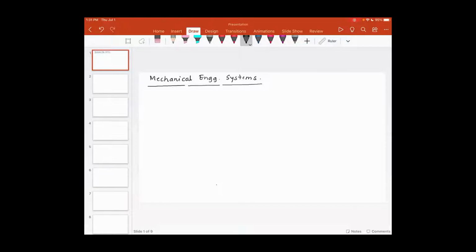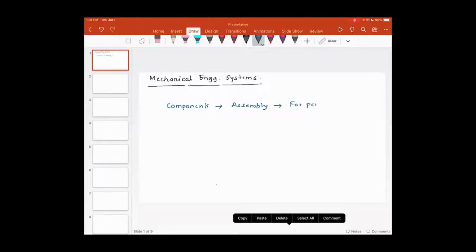Now, when we talk about mechanical engineering systems, we are looking at not only the components, but when these components come together, they form an assembly. And this assembly is used for a particular purpose, for a particular application.